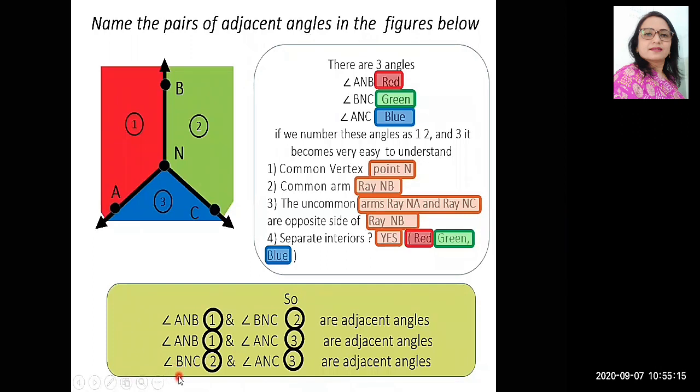Third question is angle B and C, that is angle number 2, and angle A and C, angle number 3, are adjacent angles. Why?